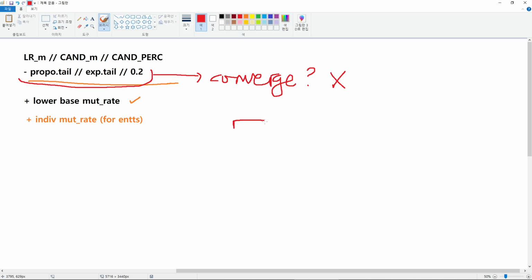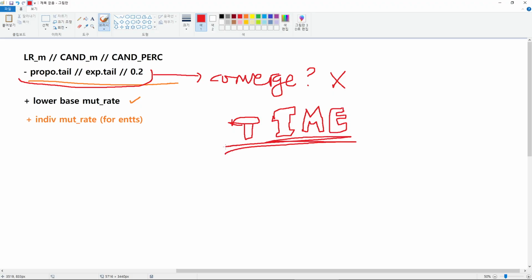So time, oops. I don't know why I'm drawing like this, but I felt like it for the purpose of emphasis. Time is very important as well.